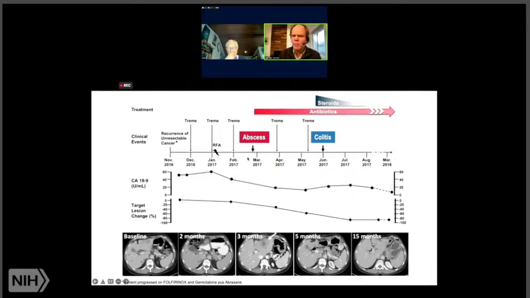But somehow something must have been very different. The patient developed an abscess in between. We treated the patient with antibiotics. The patient developed a colitis. And to be honest, we performed a lot of correlative studies, including genetic analysis of the tumor, and we were never really sure why this patient responded and is such an outlier, and I still don't know this.